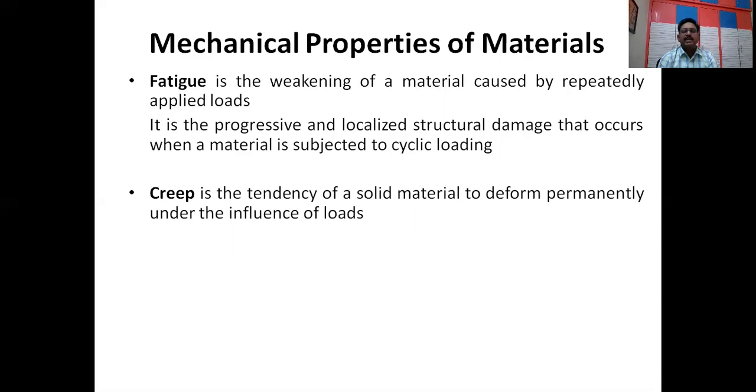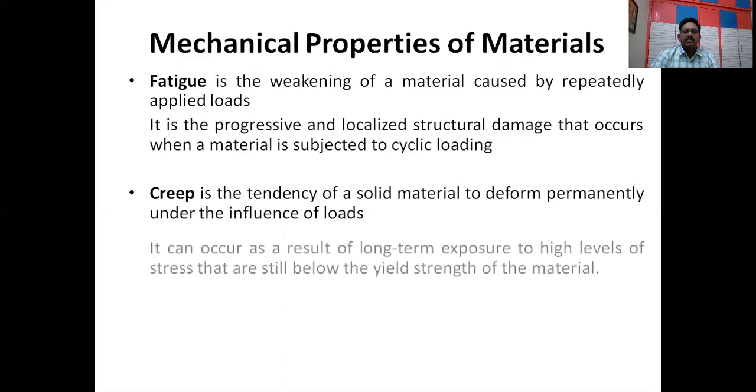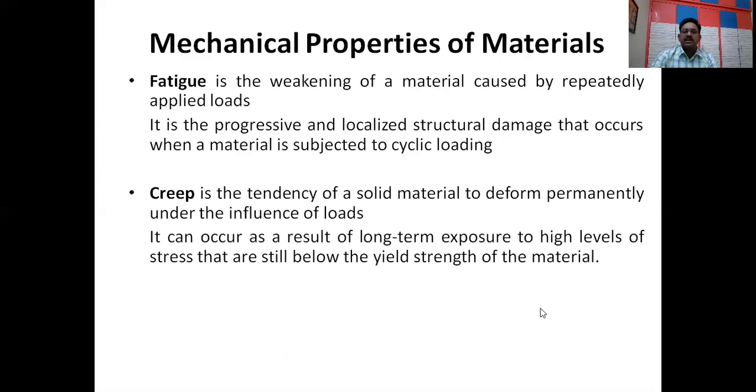The next one is called creep. What is creep? It is the tendency of a solid material to deform permanently under the influence of loads. It generally occurs as a result of long-term exposure to high levels of stress that are still below the yield point.